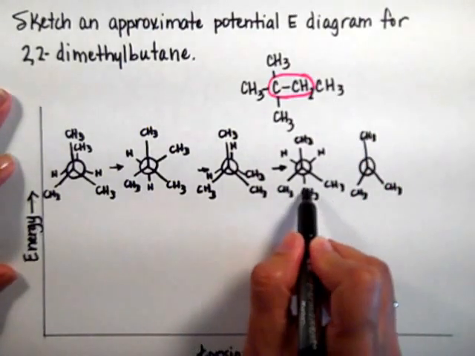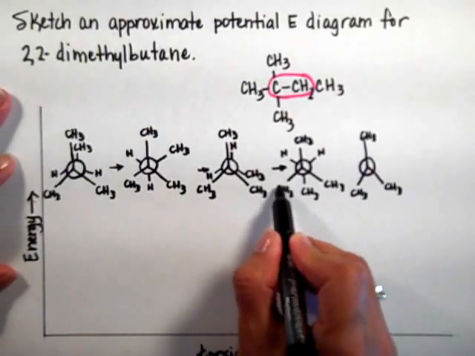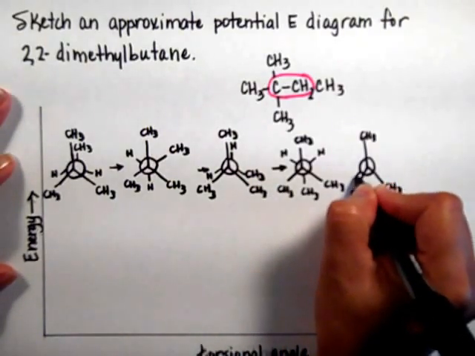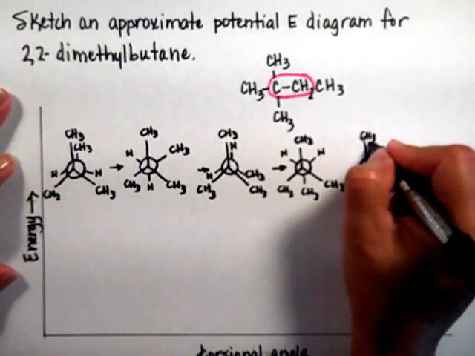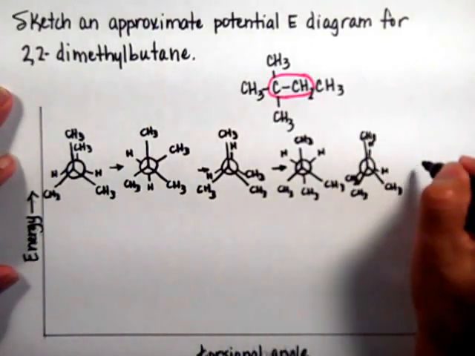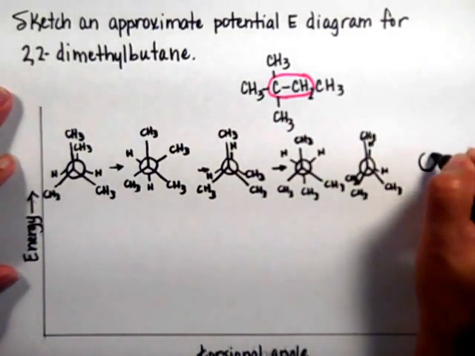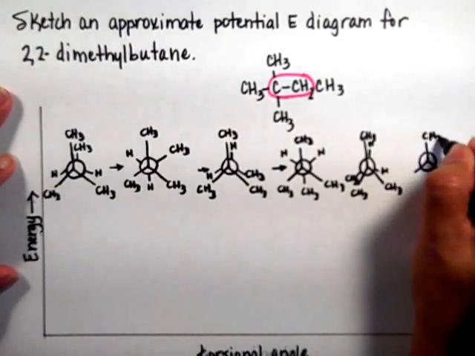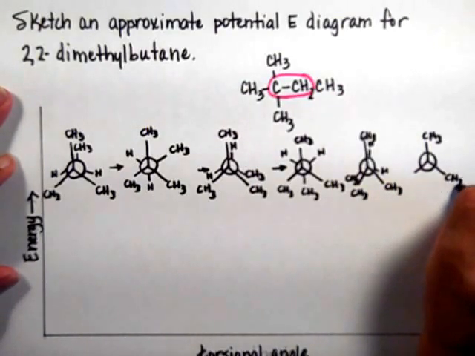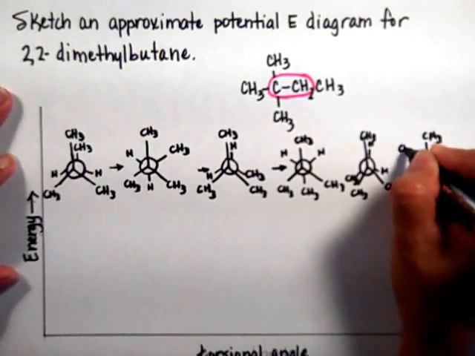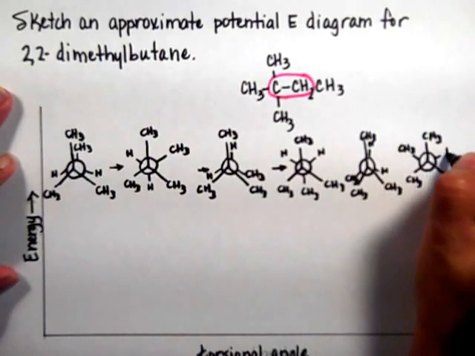The methyl that's right here in the middle is going to be eclipsed with this methyl on the bottom left. So hydrogen and hydrogen. And I'm running out of space, but one more and then we're good. It's a staggered conformation, and the methyl that's in the bottom left in the back carbon is going to be now in the top left.